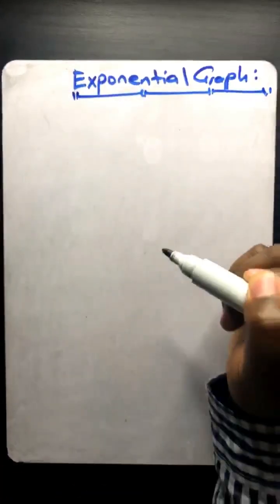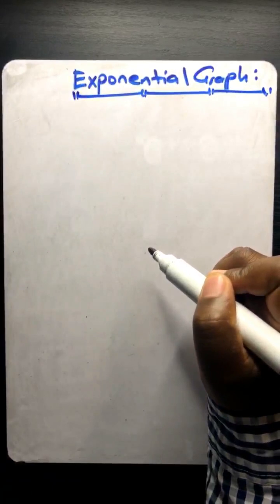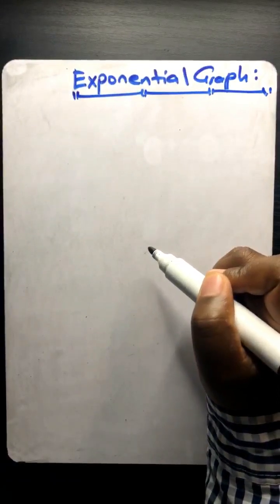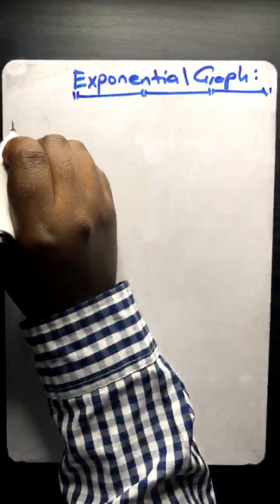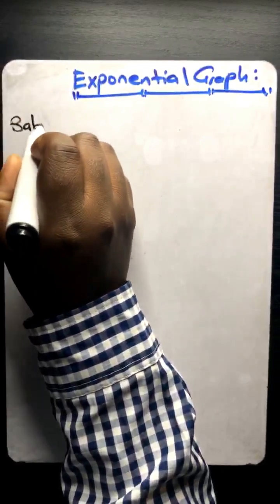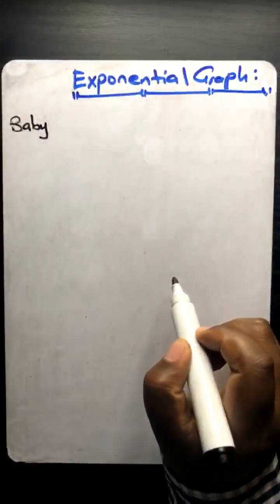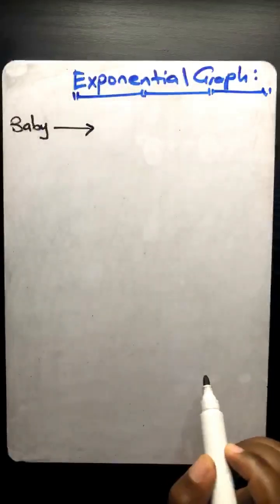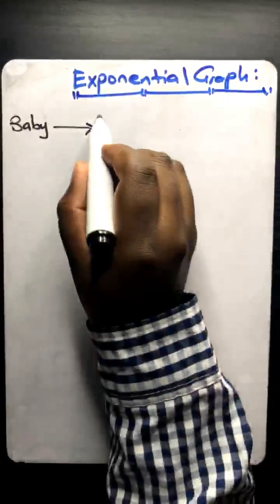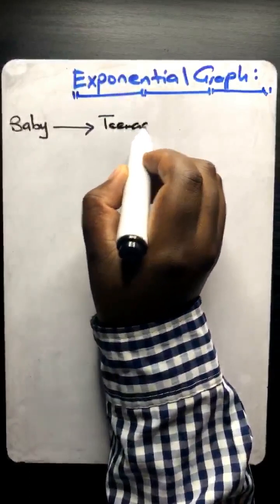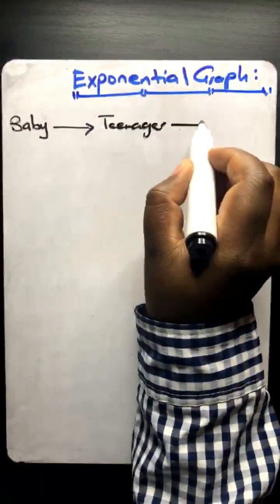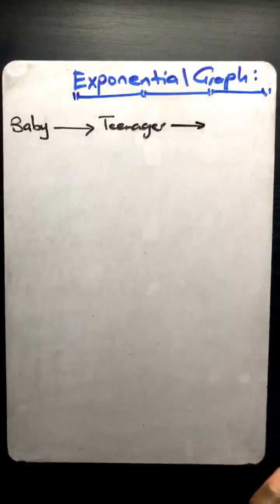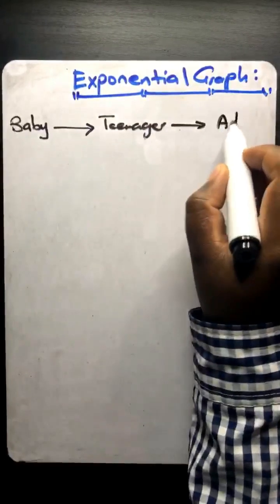I'm just going to give you a summary. If you remember, you firstly start as a baby, then you grow to become a teenager, and then from there you grow to become an adult.